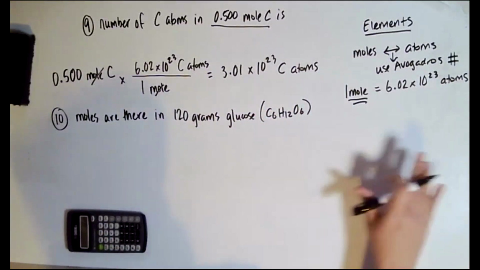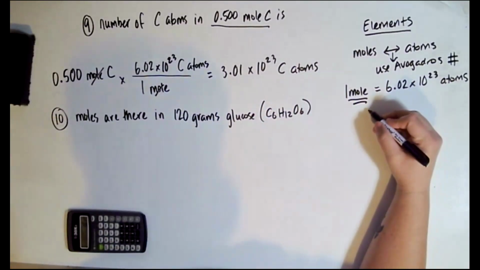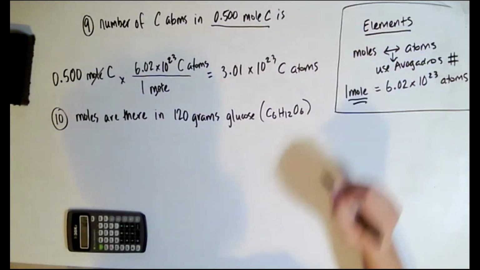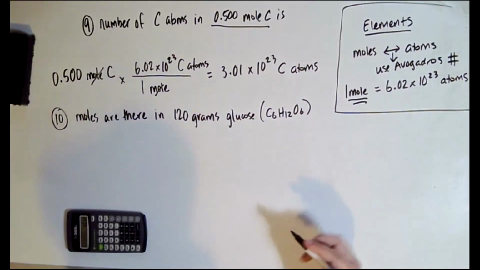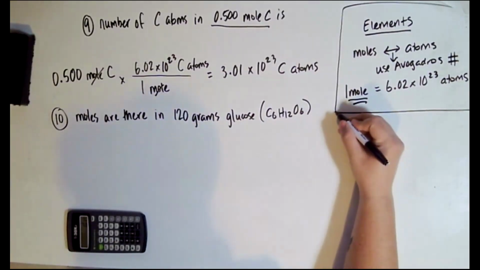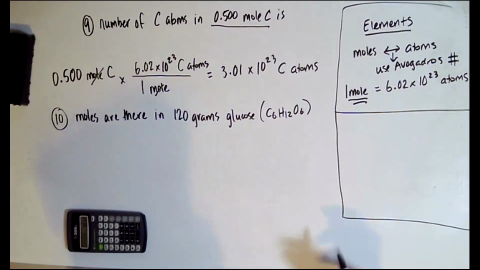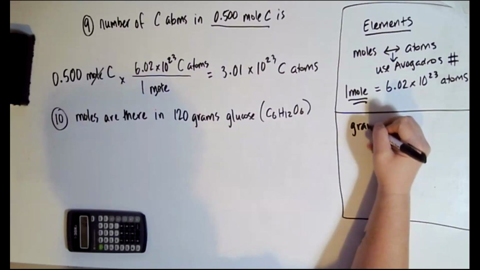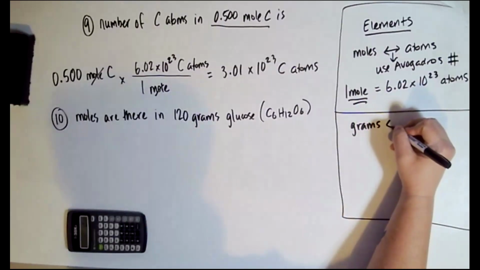Okay, so our relationships for compounds are, I would say that for every question that you are working out mathematically, make yourself a roadmap for that question. Here they want us to connect grams to moles.